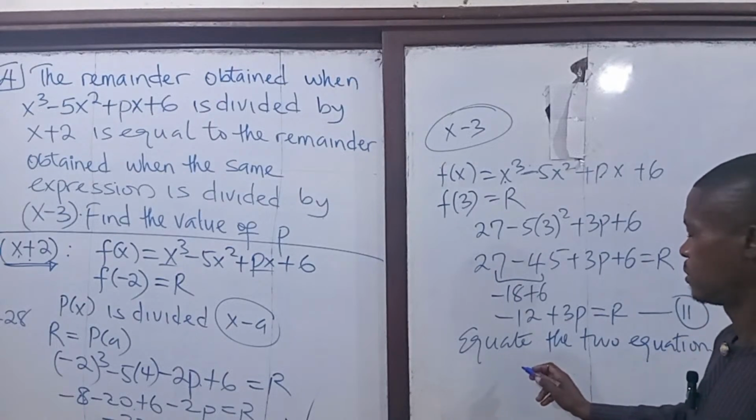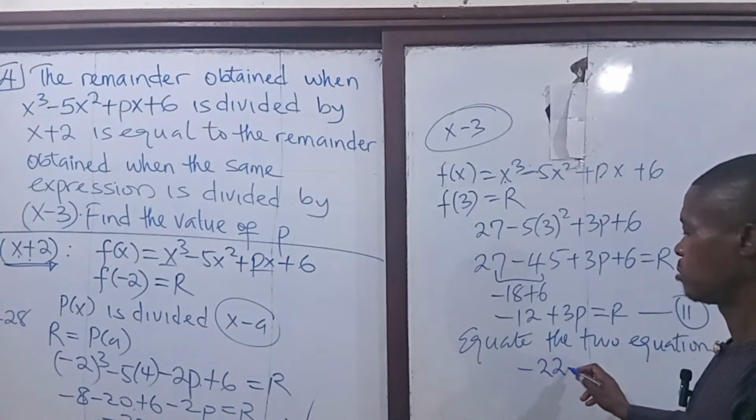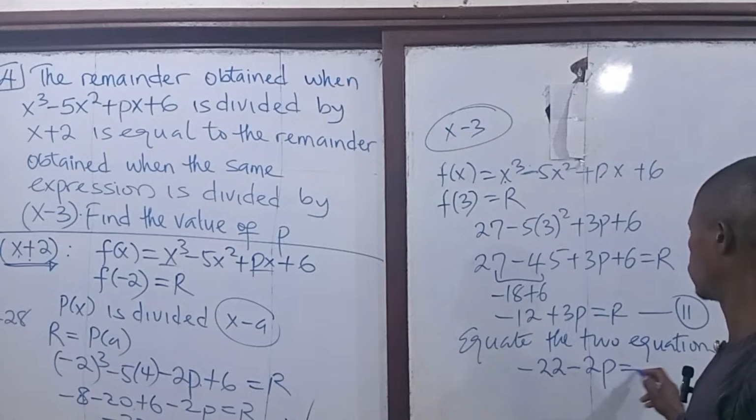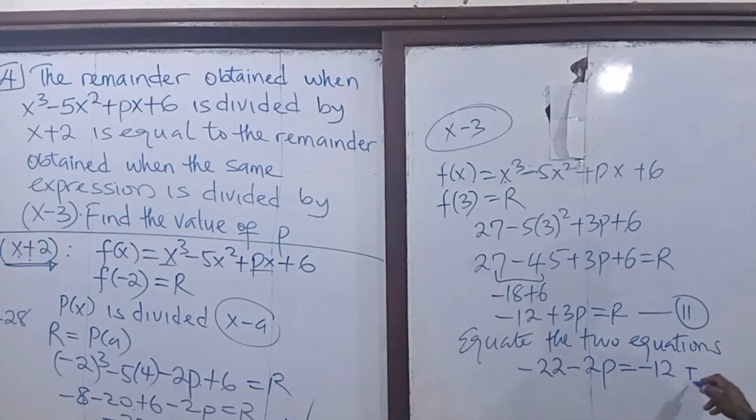So we have minus 32 minus 2p equal to minus 12 plus 3p. And then we can move this minus 2p to the other side. Then we have minus 32. Move this minus 12 to this place.